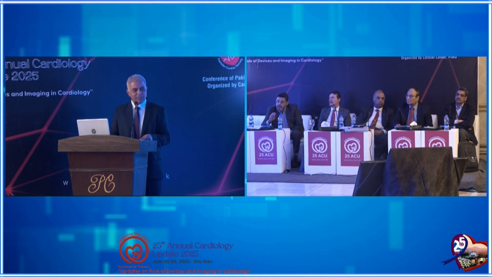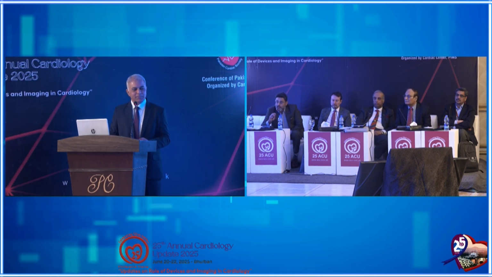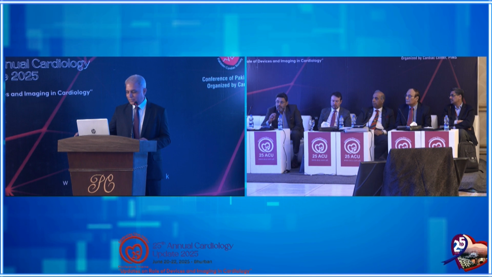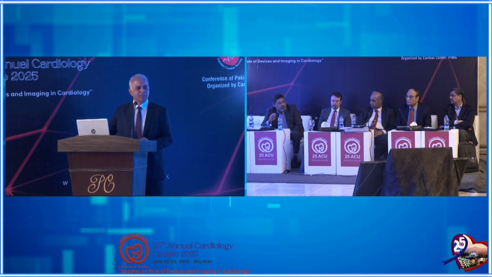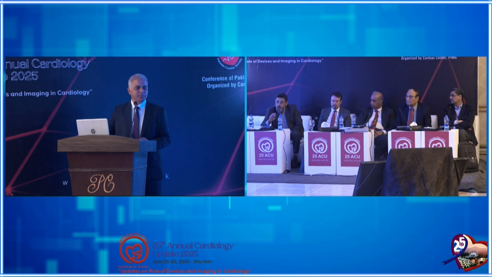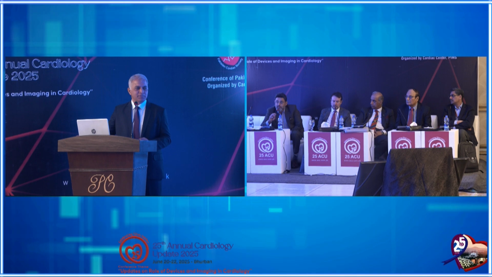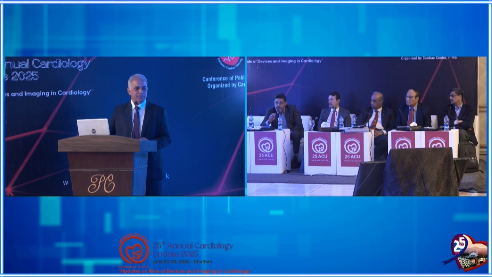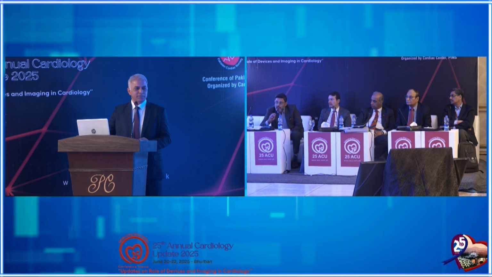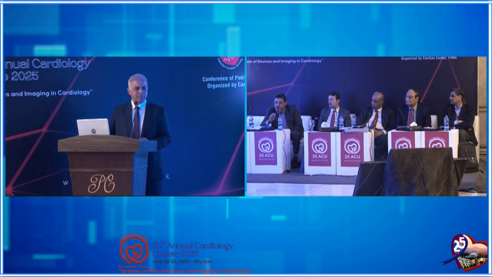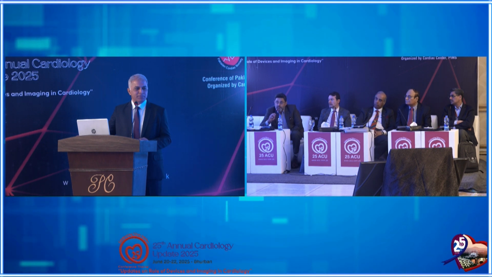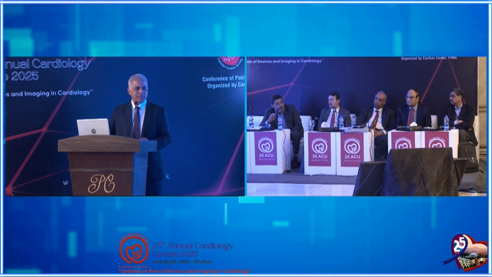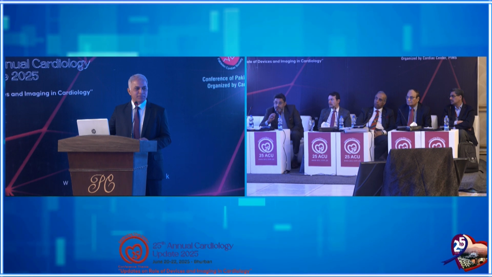And secondly, as per applying EXCEL and NOBLE studies criteria, they have upgraded the MSA or MLA for proximal circumflex, LAD and left main stem, which is something like 6 to 7 millimeters for proximal circumflex, 8 to 9 millimeters for proximal LAD, and 10 to 12 millimeters for left main stem.